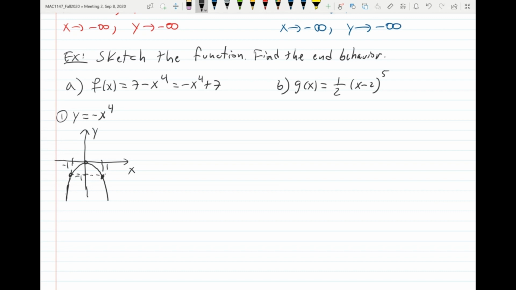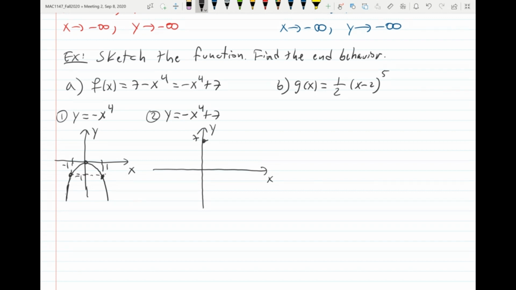Now we're going to take this picture and shift it up 7 units. So now we're going to graph negative x to the 4 plus 7. The vertex, which is at 0, 0, is now going to be up at 7.